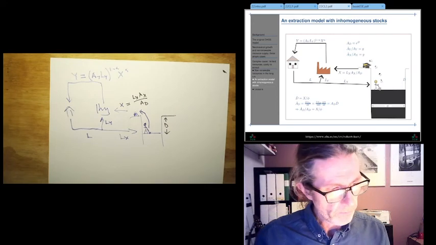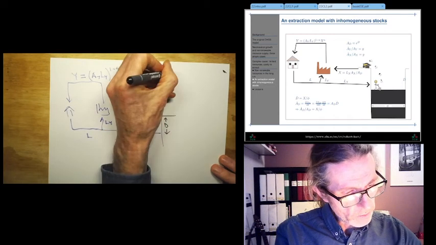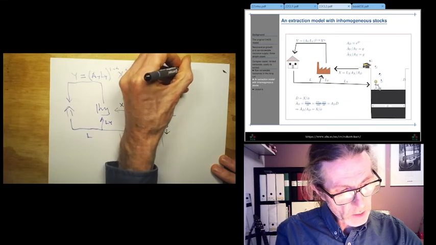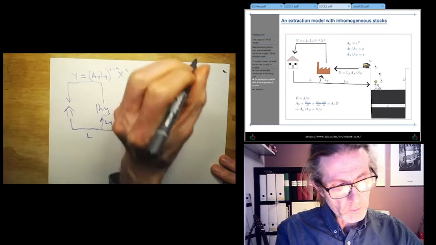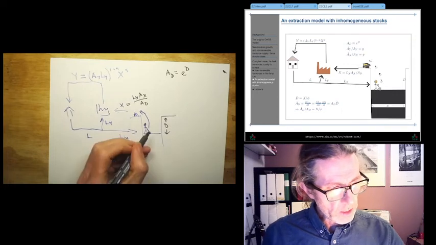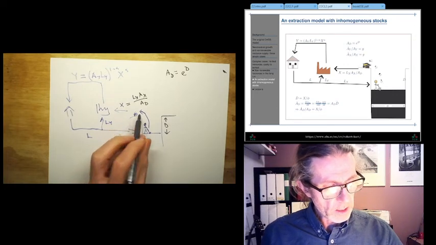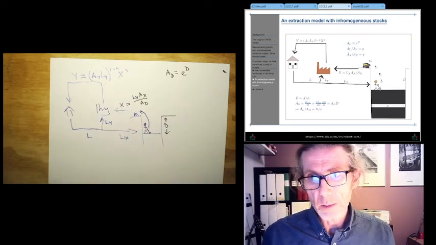And it turns out that we assume that AD is actually e to the power of D. So the difficulty of getting the stuff out increases exponentially in the depth.